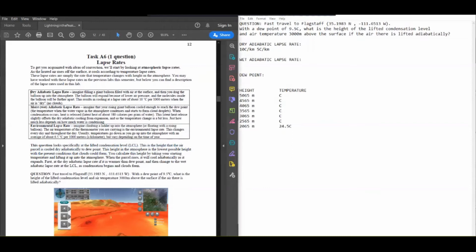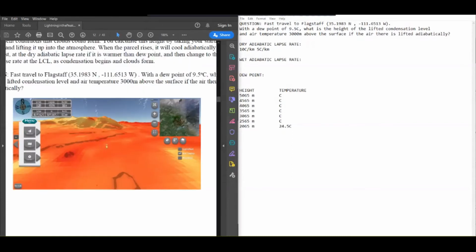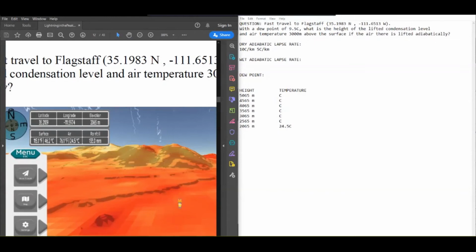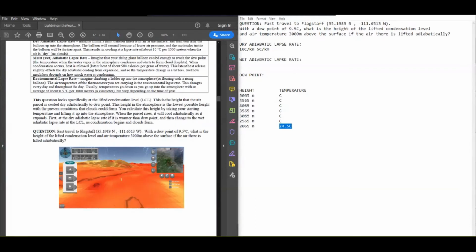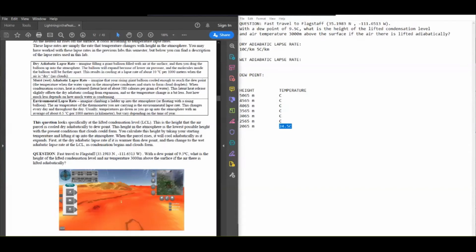So we're going to this location in Flagstaff right here. I have a screenshot from the geovisualization, and the air temperature is 24.5 degrees Celsius. So we have 24.5 degrees Celsius for our starting air temperature. Our dew point is 9.5 degrees Celsius. Since the air parcel is not saturated, we use the dry adiabatic lapse rate.